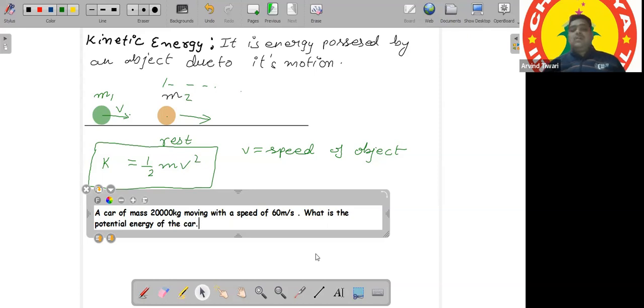No, let the speed be 60 kilometer per hour, not 60 meter per second. And compute your speed. So find out the answer to this question. It's quite easy.